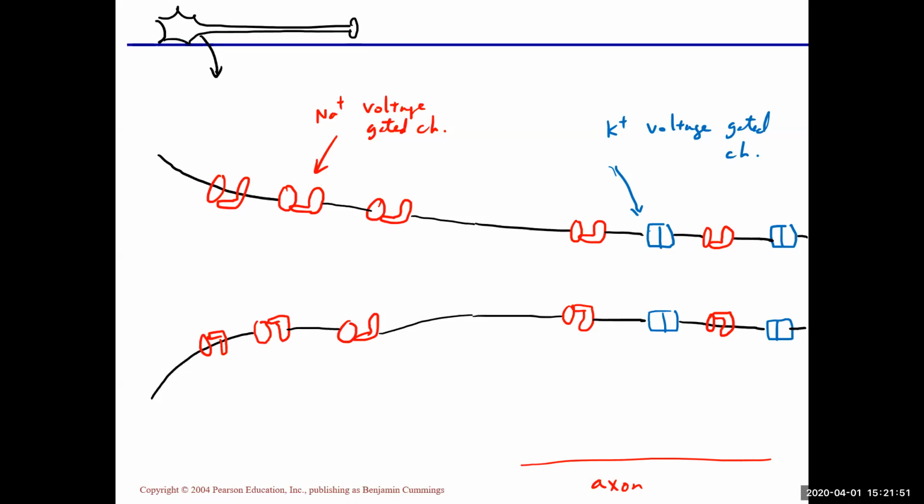And then again, on the axon terminal, which I cannot show it to you. Well, actually, I might be able to show it to you, and that would be right over here. We mentioned that you have the calcium voltage gated channel. All right, we're going to come back to this.